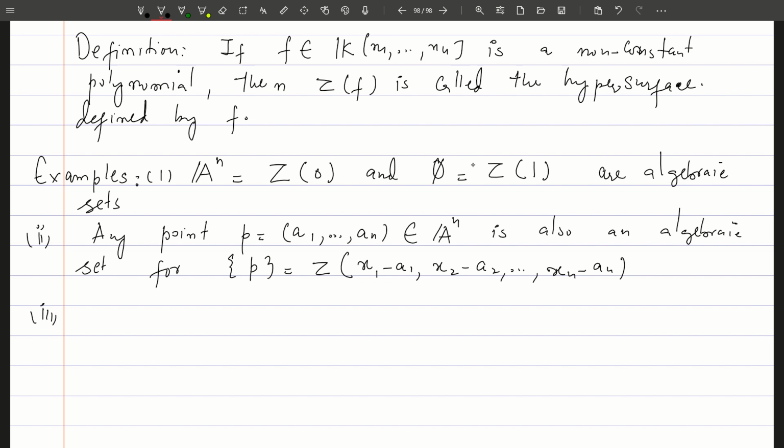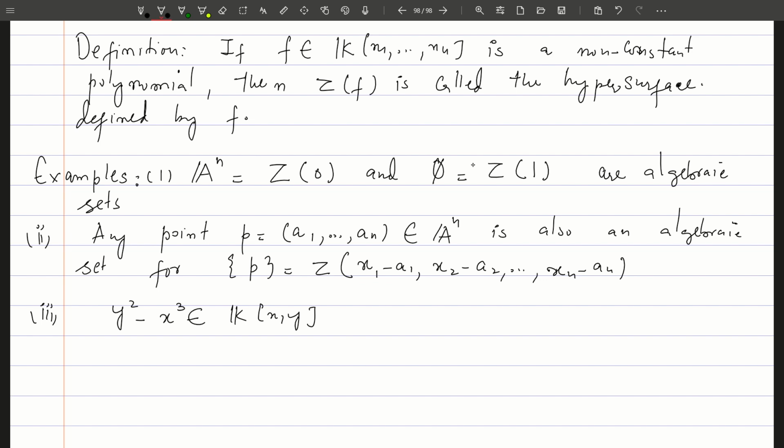Similarly, consider the polynomial y squared minus x cubed, which is a polynomial in k[x,y], where k is the real or complex field.